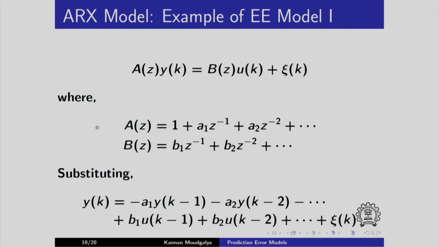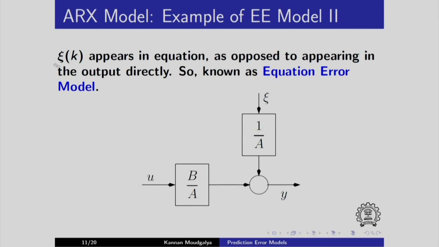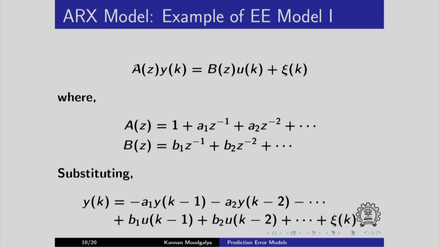Now let us take an ARX model where A is given as a polynomial of this type, B is given as another polynomial. When I substitute and take all the terms corresponding to the past y's to the right hand side, I get an expression of this type. Now C of k appears in the equation, it does not appear in the output as we saw earlier, because now it is not just the output, you also have the past outputs.